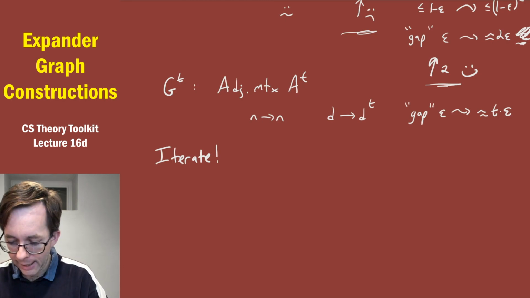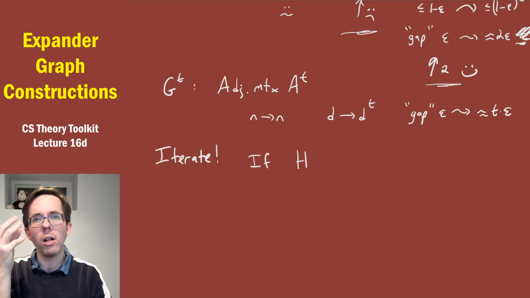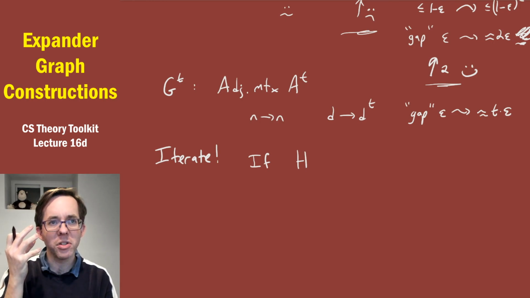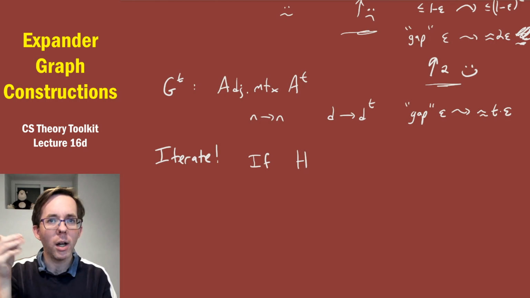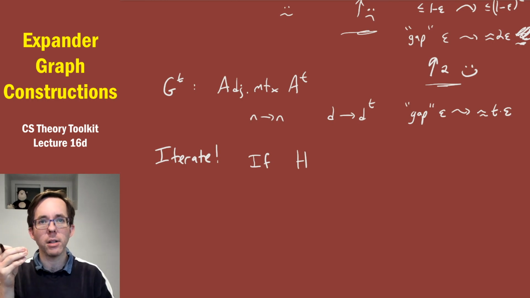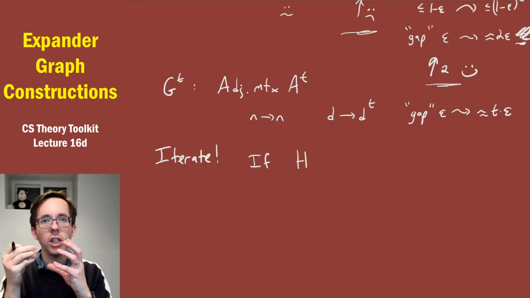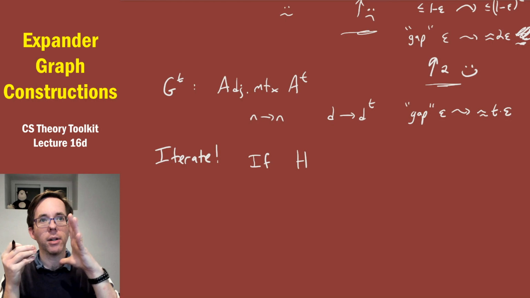Let's say H is this small expander graph that you're going to start with at the beginning and keep using over and over again as your replacement product friend, and G is a graph that's getting bigger and bigger and bigger.